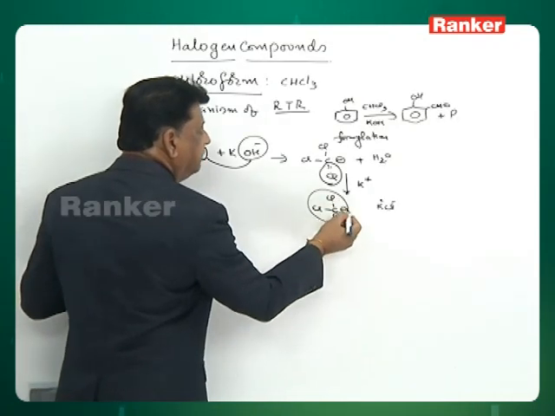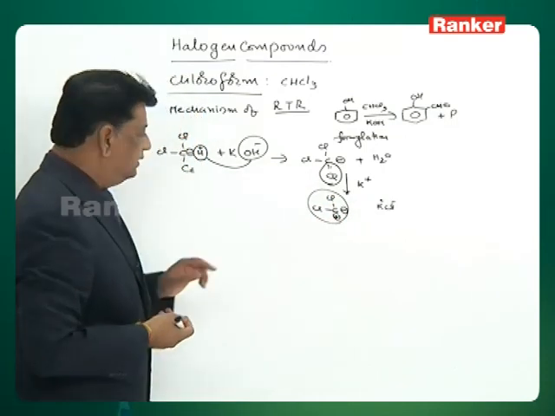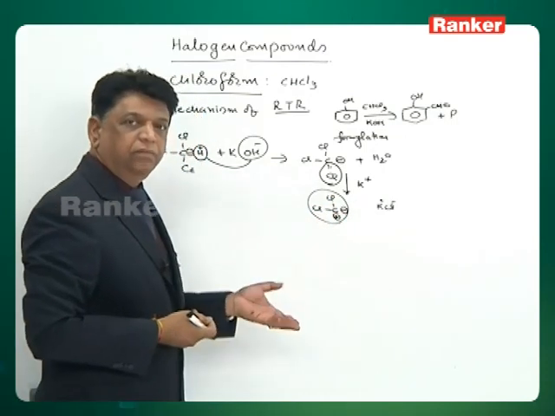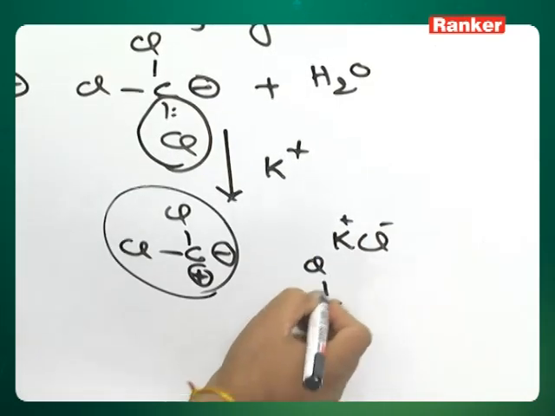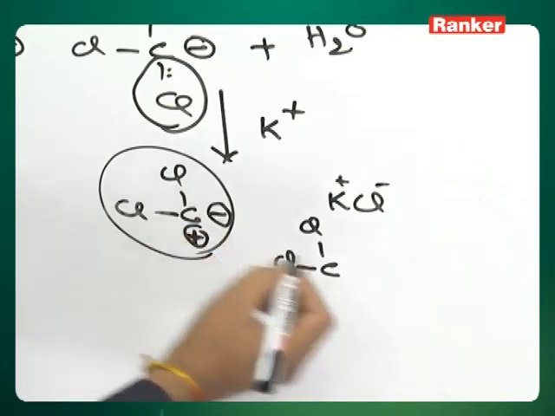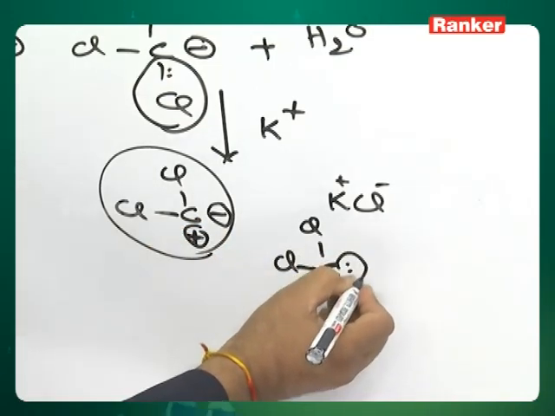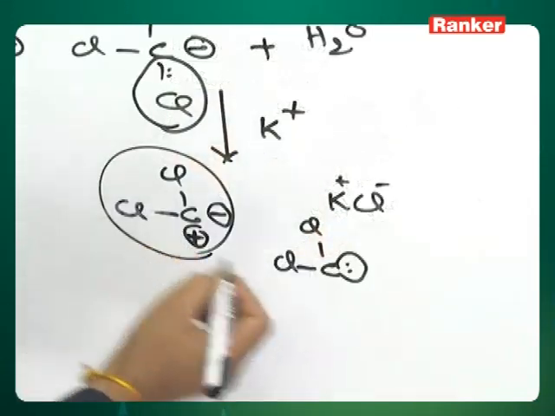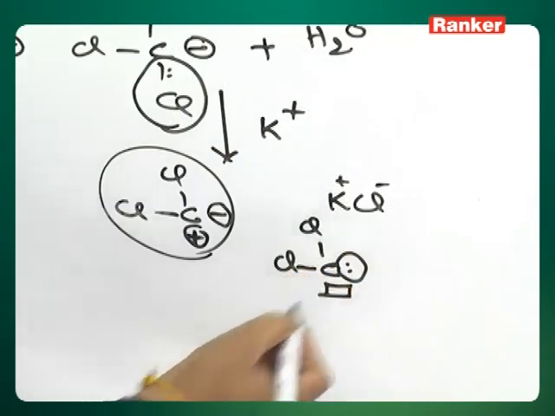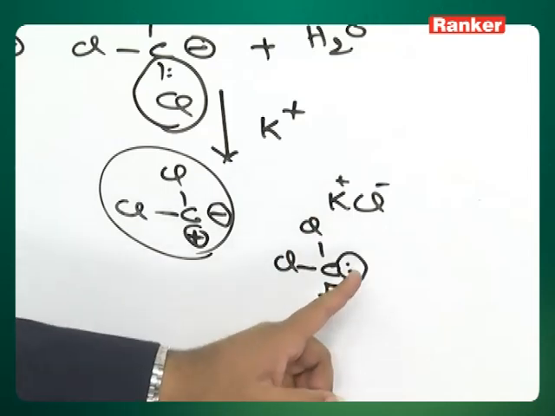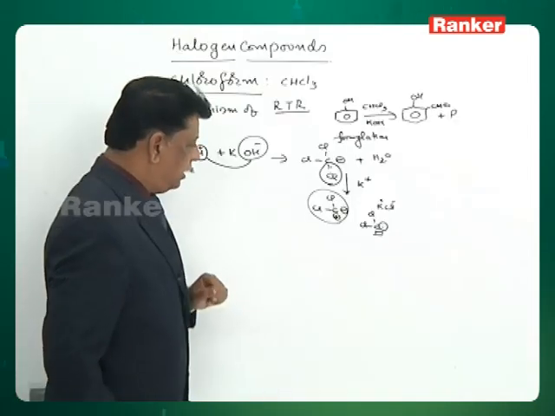Obviously writing it like this is not correct, because an element containing plus and minus simultaneously is not correct. Instead what we write is 2 chlorines, a minus charge shown as a lone pair and a plus charge shown as a vacant orbital. So now we have a carbon with 2 chlorines, a lone pair and a vacant orbital.